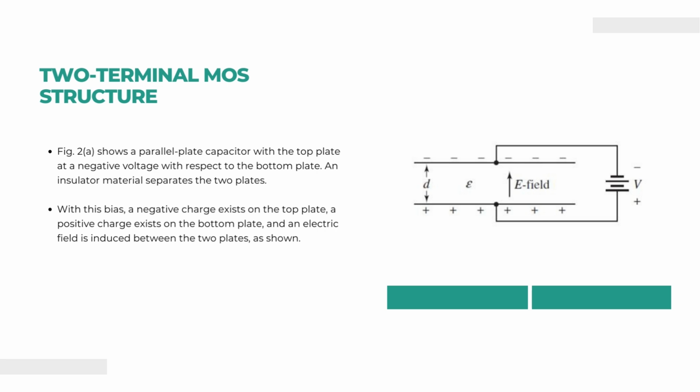The electric field is generated in the direction from positive to negative. So, this shows a parallel plate capacitor with the electric potential applied, showing the electric field and the conducting charges. With this bias, a negative charge exists on the top plate and a positive charge exists on the bottom plate. An electric field is induced between the plates as shown in the figure.